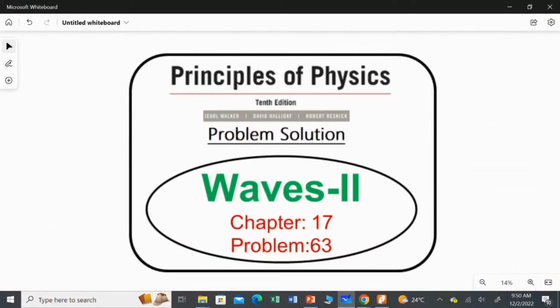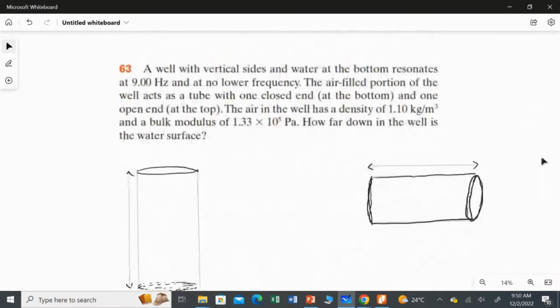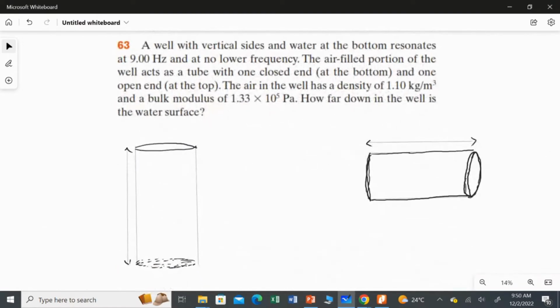In this video, I am going to solve problem 63 from chapter 17, Waves Part 2. A well with vertical sides and water at the bottom resonates at 9 Hz and at no lower frequency.